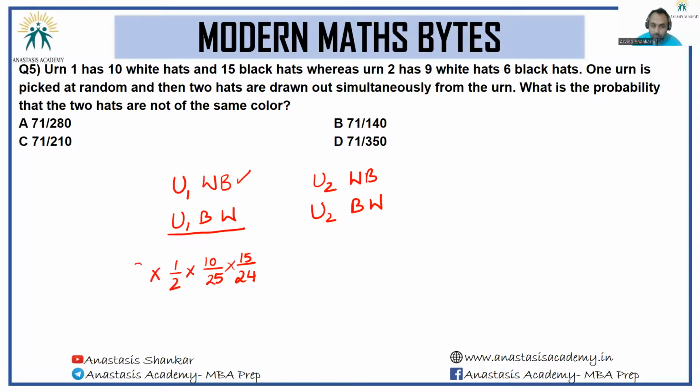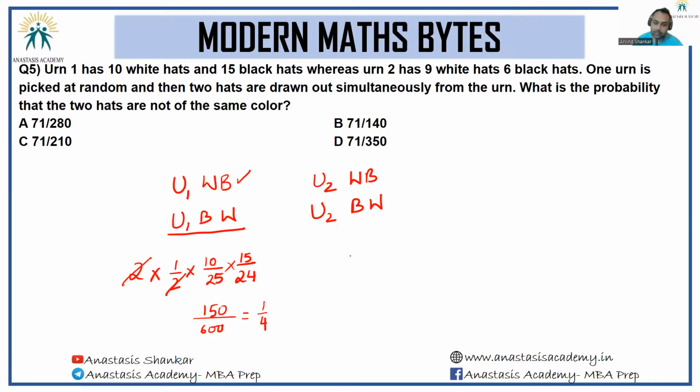So you're going to get the same fraction all over again. So this entire thing into 2, I'll keep it as 150 by 600. So I'll turn this to 1 by 4.